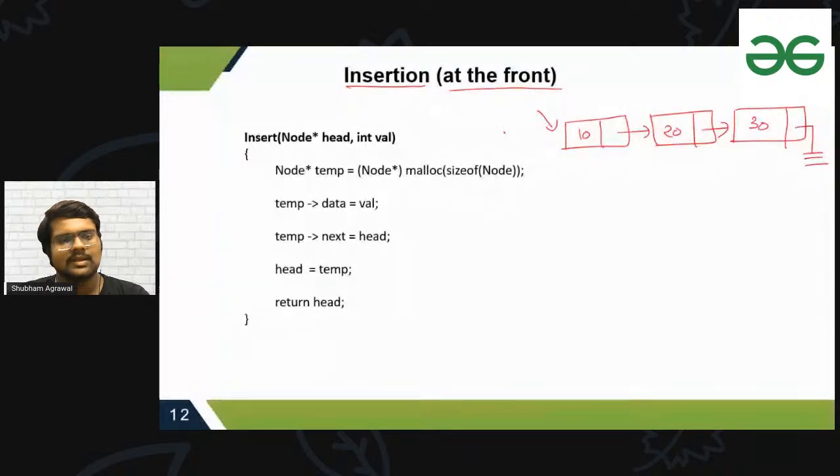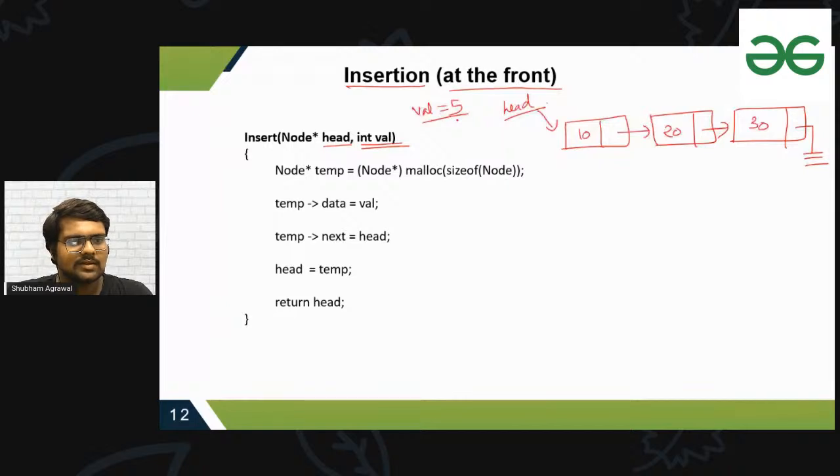So we have head here, and head is pointing to the first node. If we want to insert a new node at the beginning, let's suppose the value is equal to 5. First we will create a node.